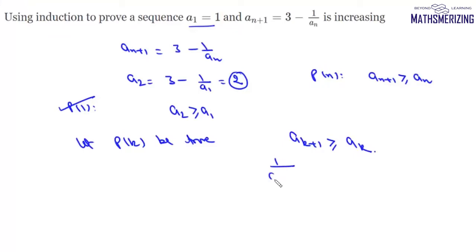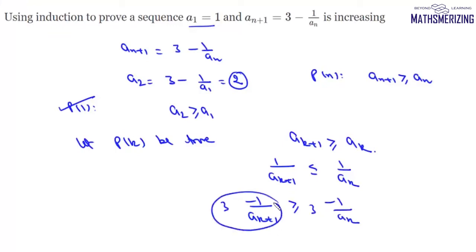Now 1 upon ak plus 1 will be less than or equal to 1 upon ak. Now when we multiply with minus 1, we can write 1 upon ak plus 1 will be greater than or equal to minus 1 upon ak, and then we'll add 3 to both sides. Now this is nothing but ak plus 2.